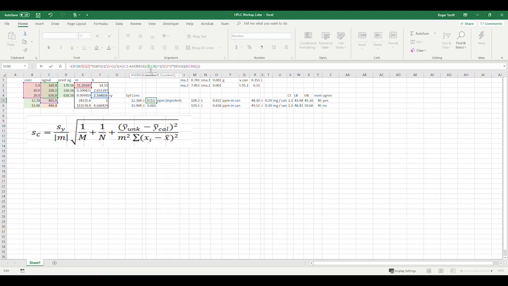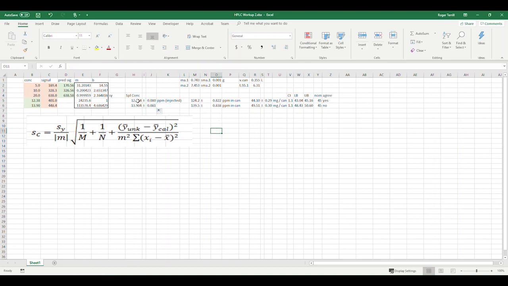So I'm just going to go F4 here, F4 here, and F4 here, and then F4 here, and F4 here. So that hopefully shouldn't change anything. Good. So now if I pull this one down, that will give the same value.